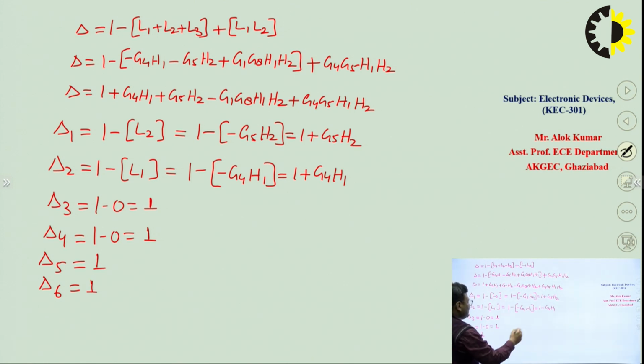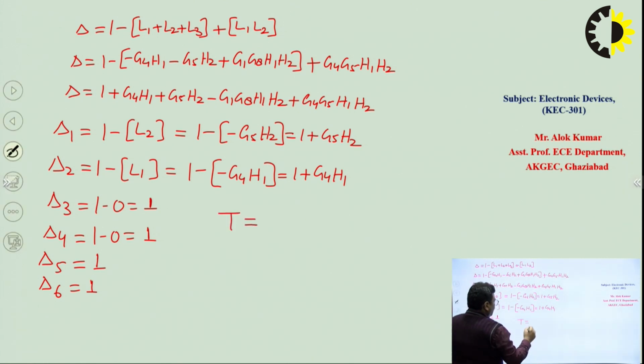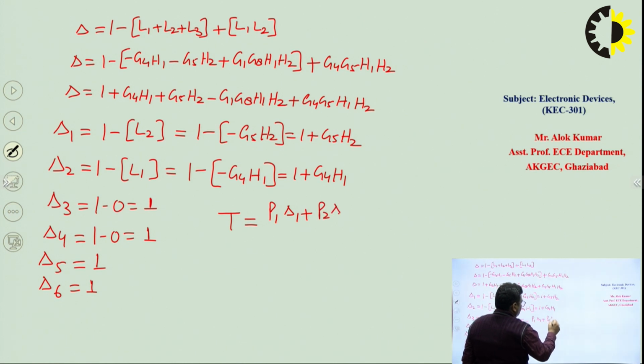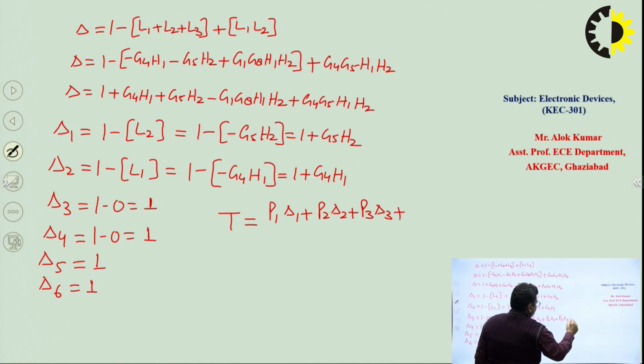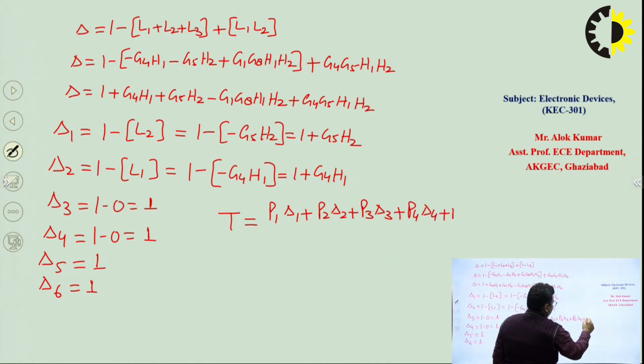Now according to the Mason gain formula, the transfer function T is equal to P1 delta 1 plus P2 delta 2 plus P3 delta 3 plus P4 delta 4 plus P5 delta 5 plus P6 delta 6, divided by delta.